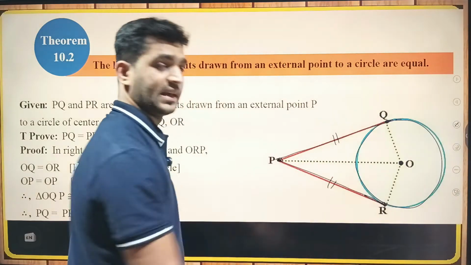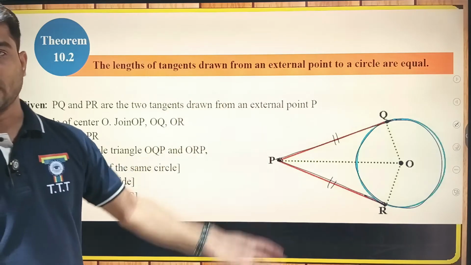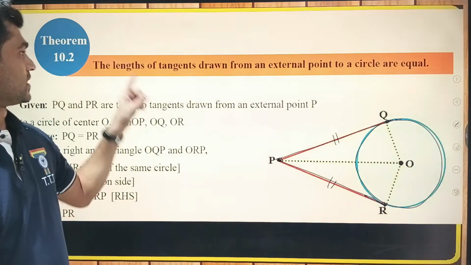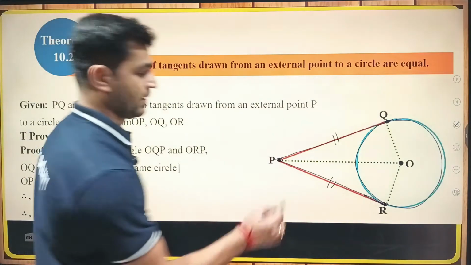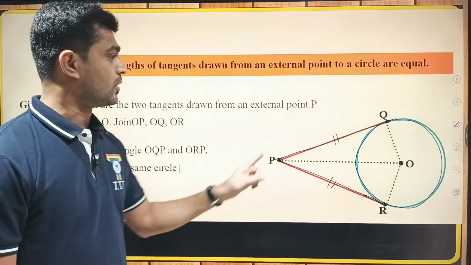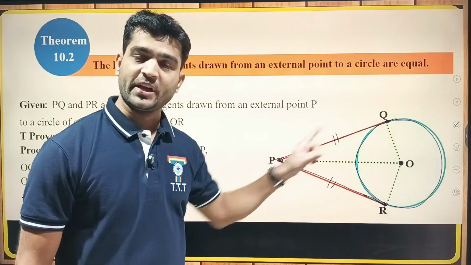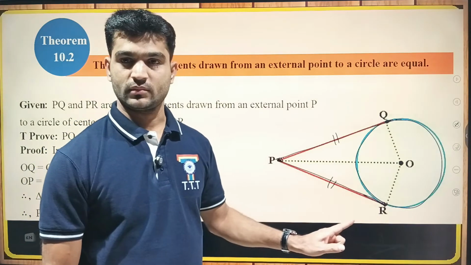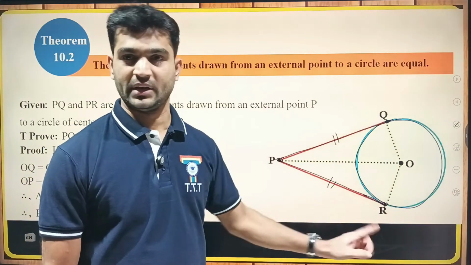This length is equal, that is theorem number 2 in this chapter. Here PR is a tangent, PQ is also a tangent, so PQ should be equal to PR.